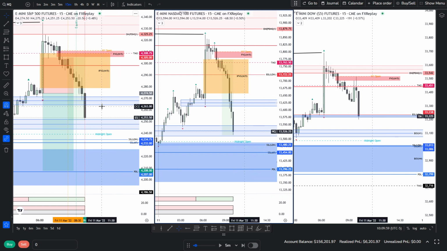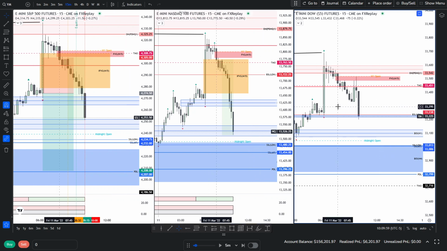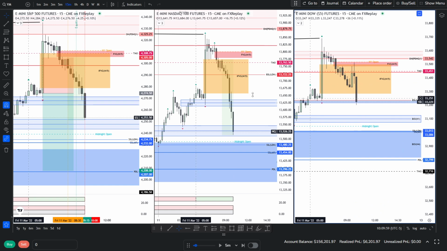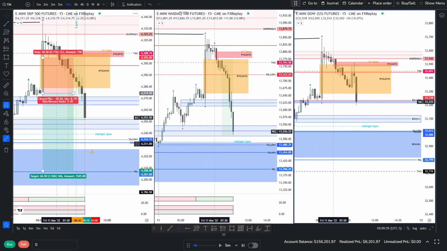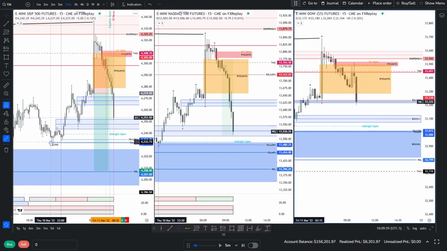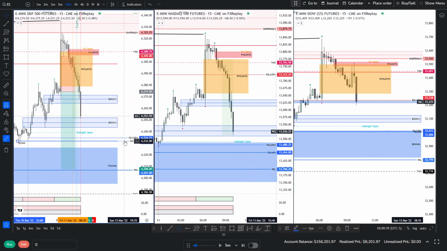I think if the market was to trade back into here without purging or trading to any of the H4 inflection points, previous daily low, this liquidity pool, which, let's get rid of that.